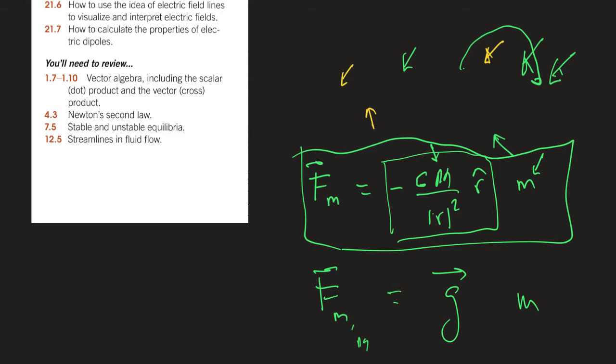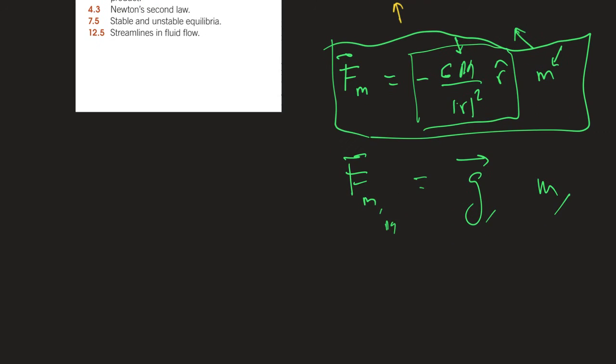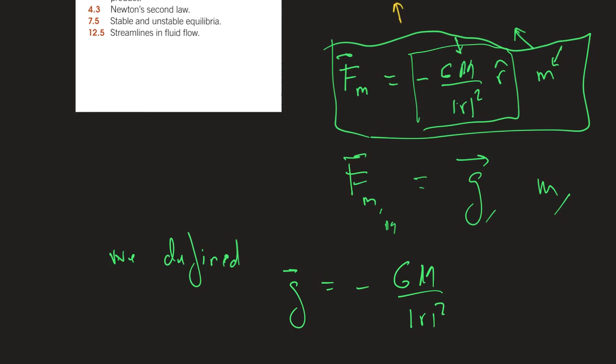The force is the mass by the gravitational field. So we define G as minus capital G, M, the source, over the magnitude of R squared, by the vector R with a cap.